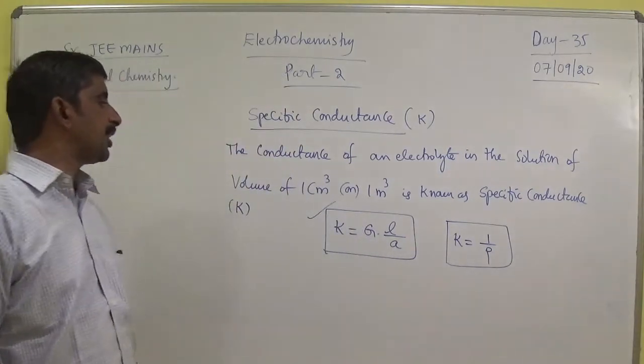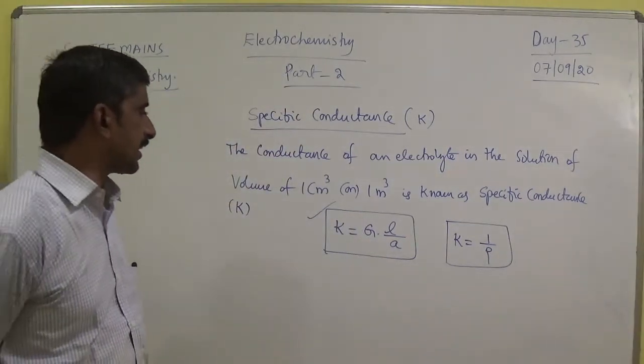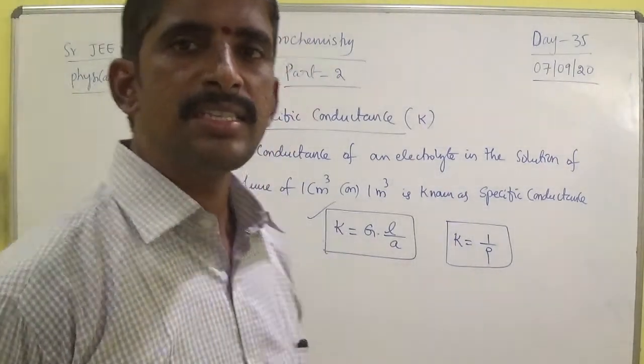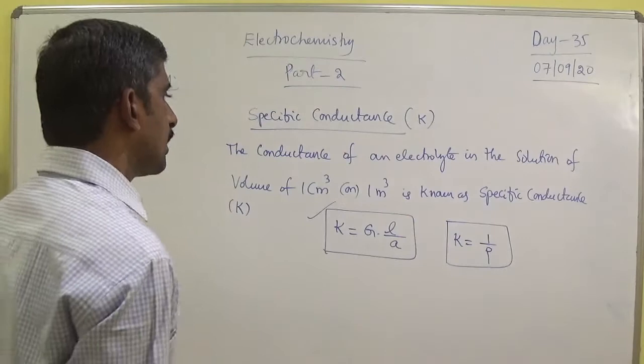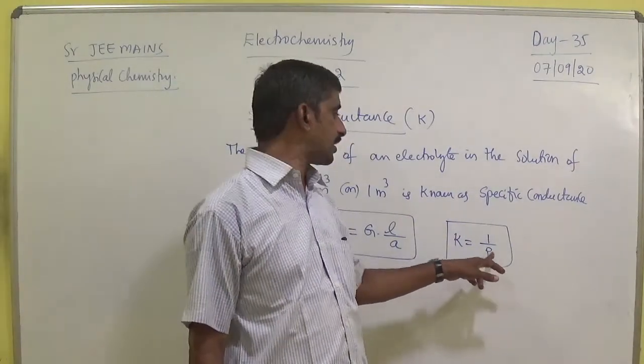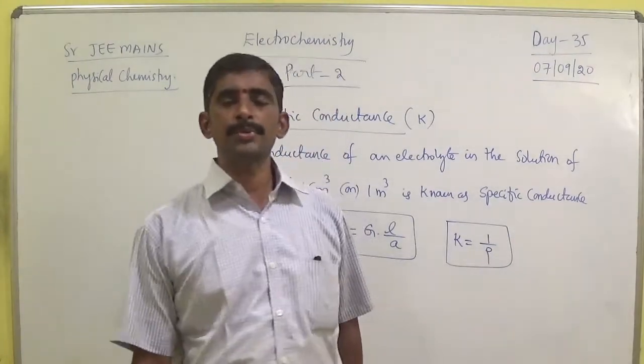K equal to G into L by A. G means conductance, and L by A means cell constant. Units of cell constant: centimeter inverse or meter inverse. The reciprocal of specific resistivity is K, the specific conductance.